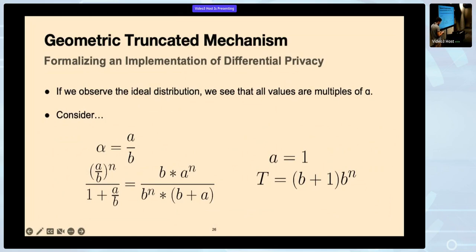This is going to be the form for b. Doing this preserves alpha differential privacy, which was the initial privacy guarantee that we had for this formalization using the ideal distribution. And this is great, because this is the best privacy guarantee that we can hope to have for the geometric truncated mechanism.